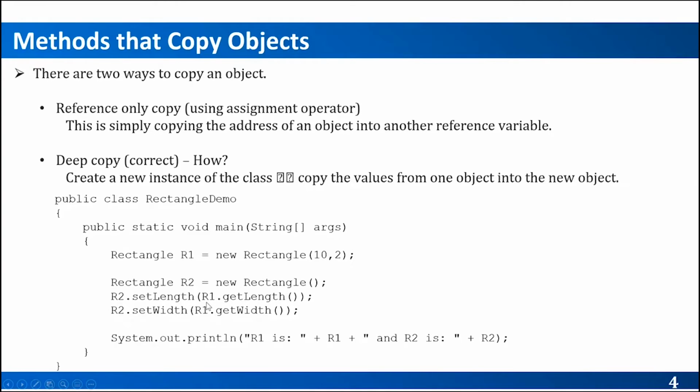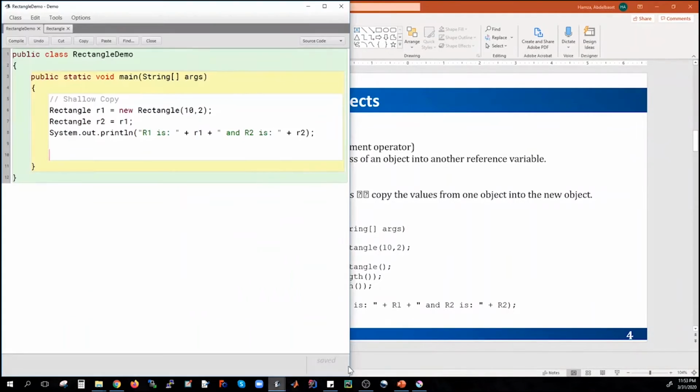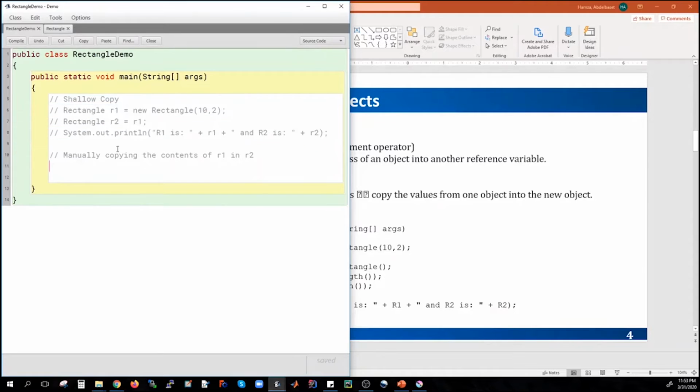All right, so let's see how this would work in terms of the code. So let's say manually copying the contents of R1 in R2. In this case, let's comment this, and here I'm going to say rectangle R1 is equal to new rectangle 10, comma 2.